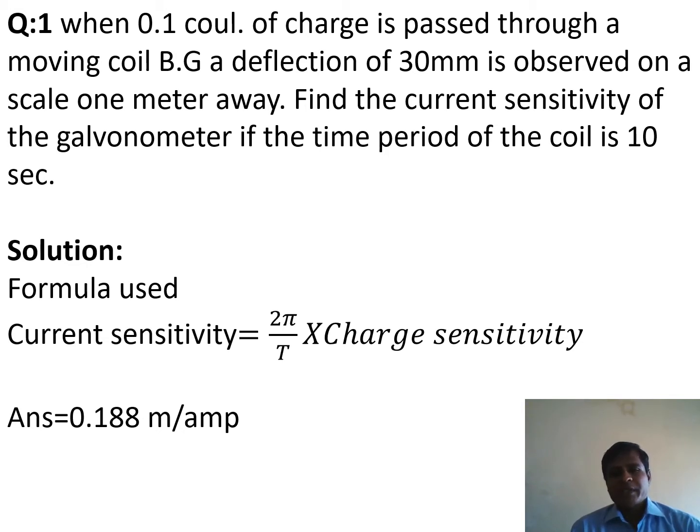So that will give charge sensitivity. So if it is substituted in the current sensitivity formula, that is 2 pi upon T multiplied by the charge sensitivity, the final answer for current sensitivity will be equal to 0.188 meter per ampere.